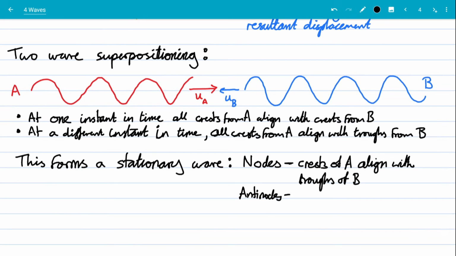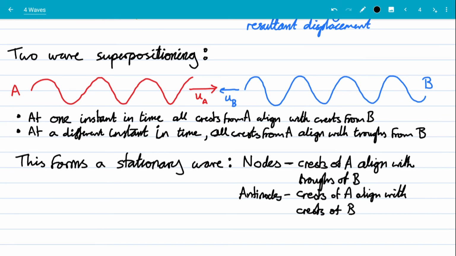These are where crests of A align with crests of B. And the two waves are moving, and so what we see is like a skipping rope being swung around, where at each end there might be no displacement ever, therefore the amplitude is 0 because the maximum displacement is 0.